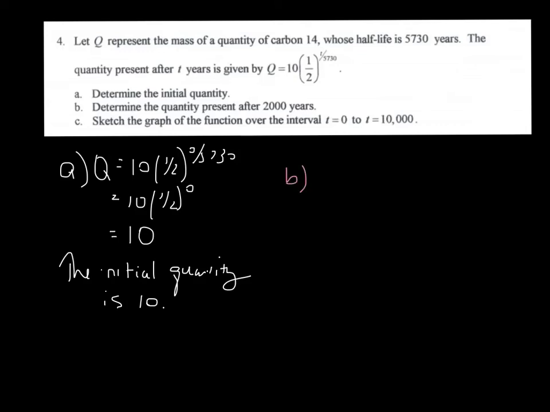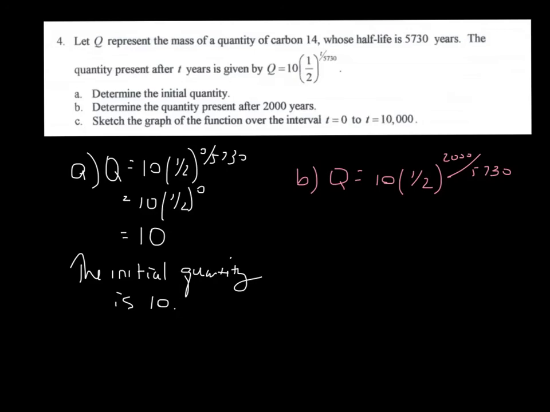Okay, part B. Determine the quantity after 2,000 years. So we've got 10 times 1/2 to the 2,000 over 5730. So this gives us approximately 7.851 units left after 2,000 years. And that makes some sense, because after 5,730 years, we should be left with half of the initial amount.